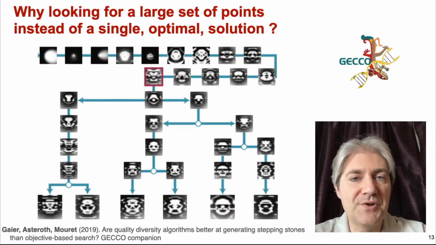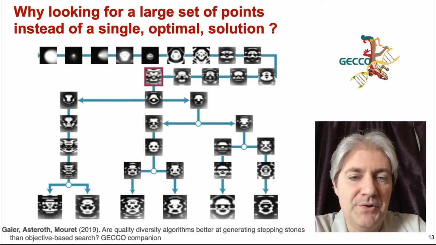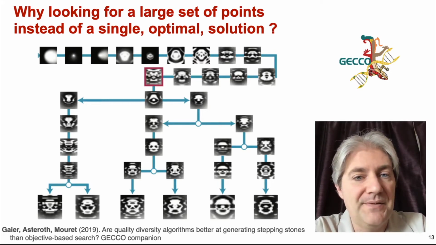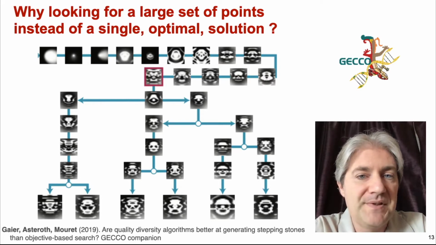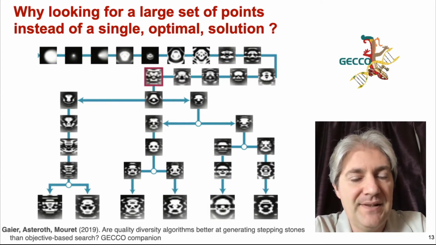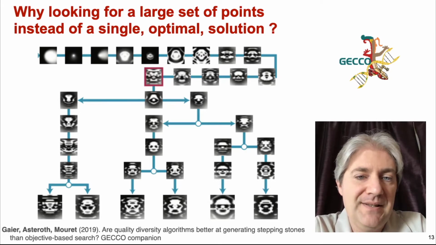To deal with this issue, a solution that drives towards solutions that are much closer to the complex structure we are interested in consists in generating this diversity of images. Starting from the same kind of process, but instead of trying to just maximize the pixel-wise distance, it is possible to use quality diversity to generate a diversity of pictures and then to consider this pixel-wise distance only as a local distance.